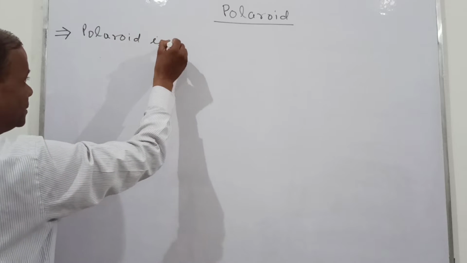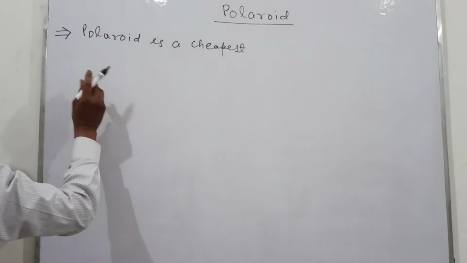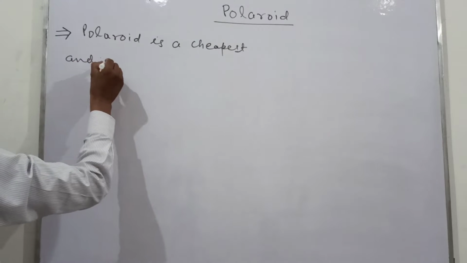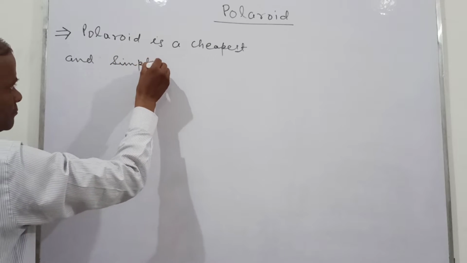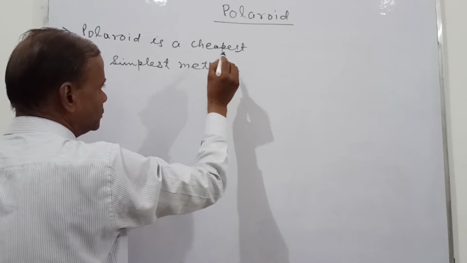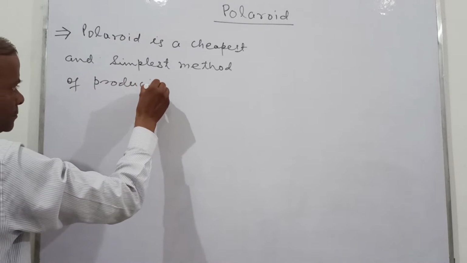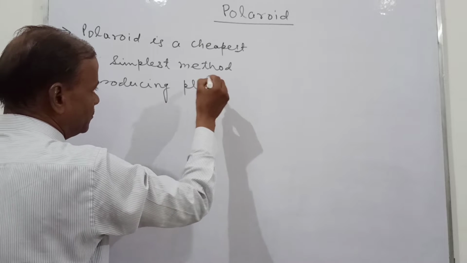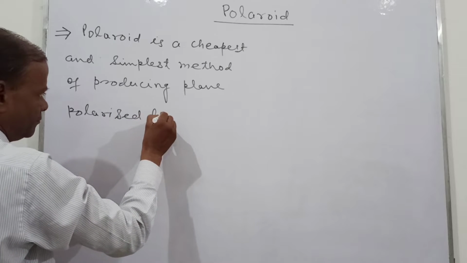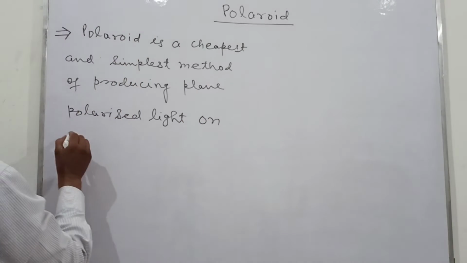Polaroid is the cheapest and simplest method of producing plane polarized light on commercial basis.